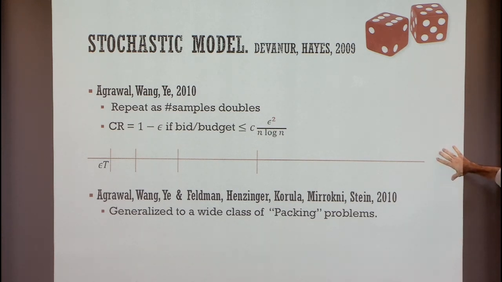The nice thing about this framework is that it was later also generalized to when you have other packing constraints, not just budget constraints. Let's say you come up with a budget and you say you don't want to spend more than this much money total, but you say on a particular locality you don't want to spend more than 50% of your budget, or you want to spend your budget divided a certain way across genders or across demographics.